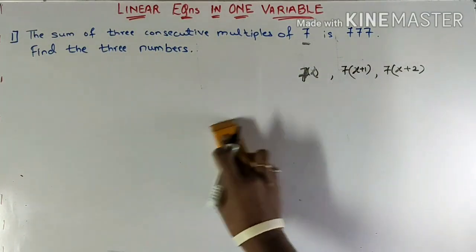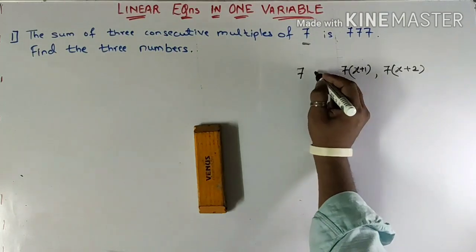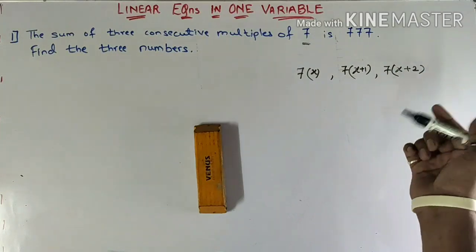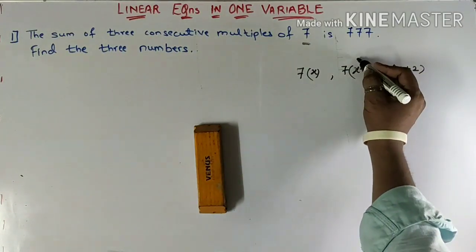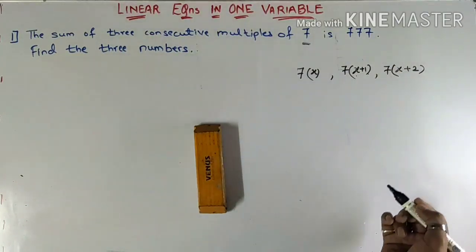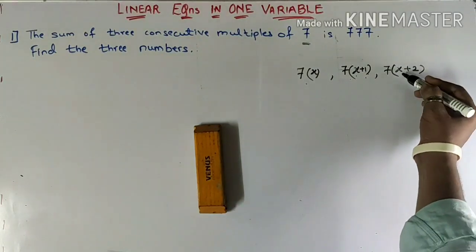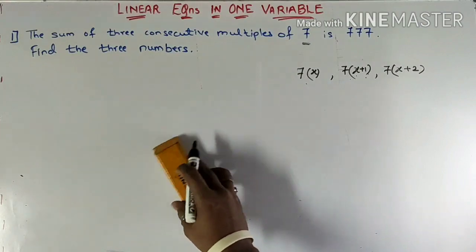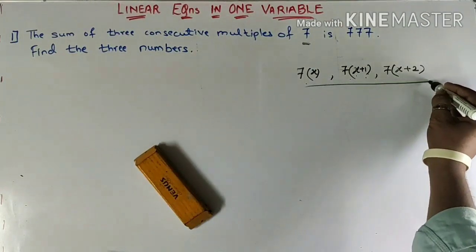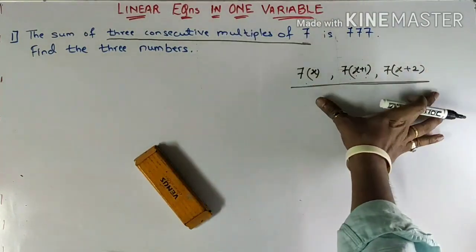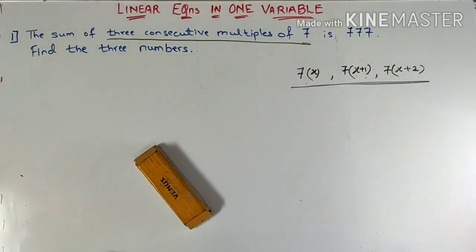So the multiples will be 7x, 7 into x plus 1, and the next multiple will be 7 into x plus 2. This means that these are three consecutive multiples of 7. So this is the mathematical understanding of this statement.